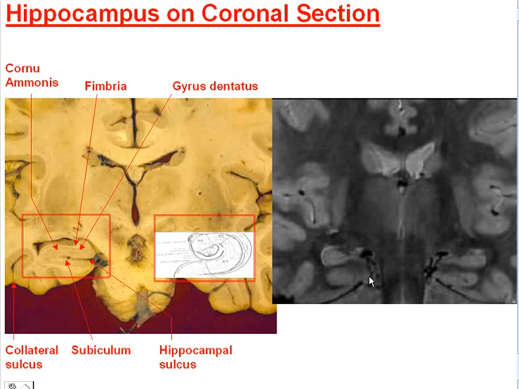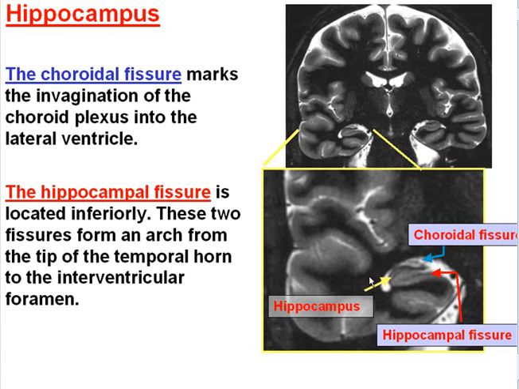Let's move on to the coronal section. When you look at the coronal section of the hippocampus, there are two fissures you have to understand. One is the choroidal fissure, which is close to the choroid plexus, and this is between the fimbria and the most superior portion of the hippocampus.